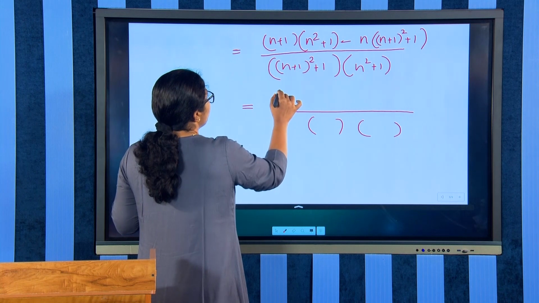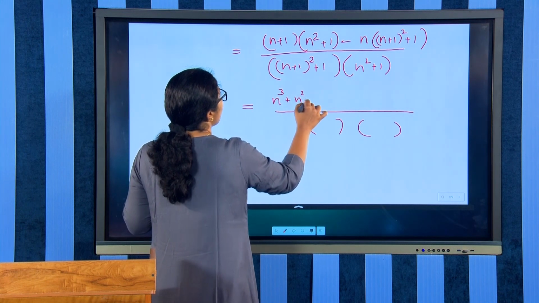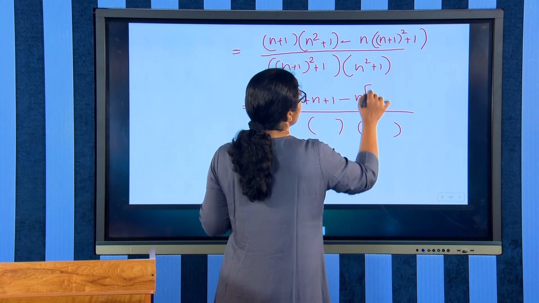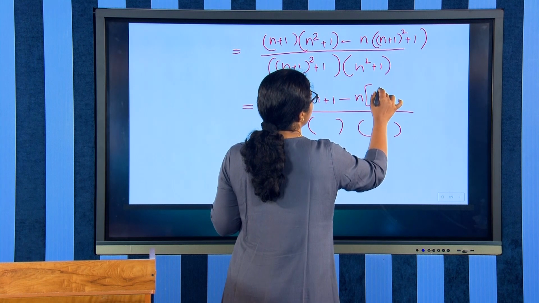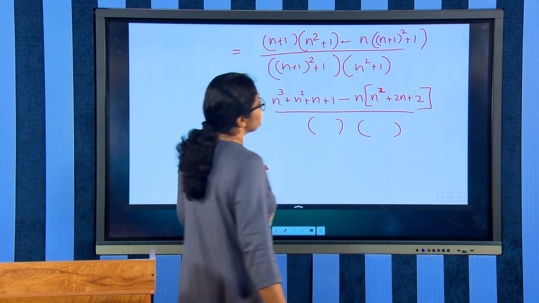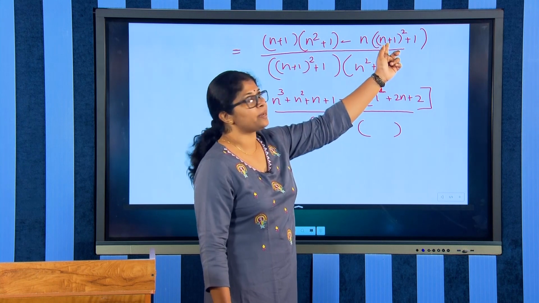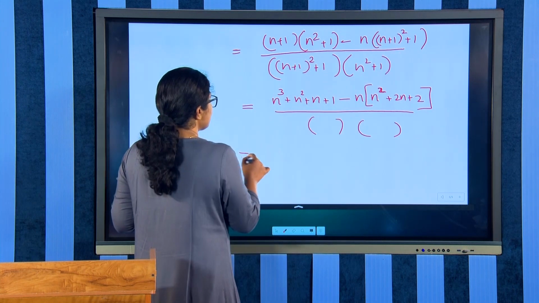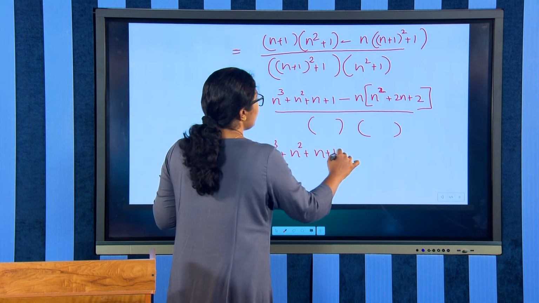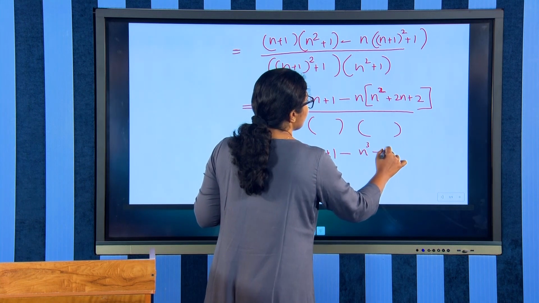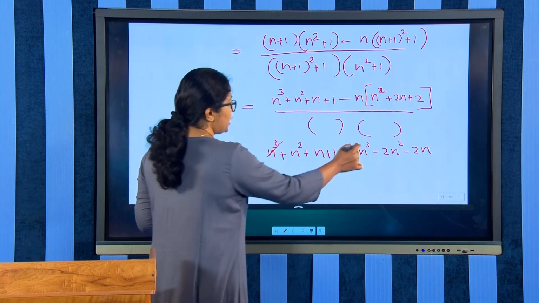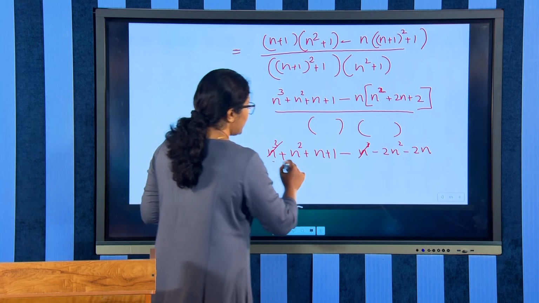In the numerator, you will be getting n cube plus n square plus n plus 1 minus n into n square plus 2n plus 2, because inside you will be having n square plus 2n plus 1. I am writing only the numerator because the denominator does not make any difference. So that is equal to minus n cube minus 2n square minus 2n. We can see that n cube and n cube will get cancelled, divided by the denominator.